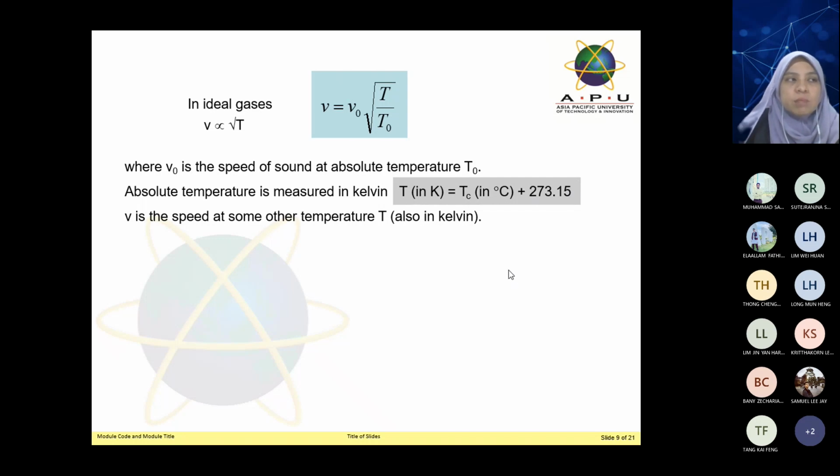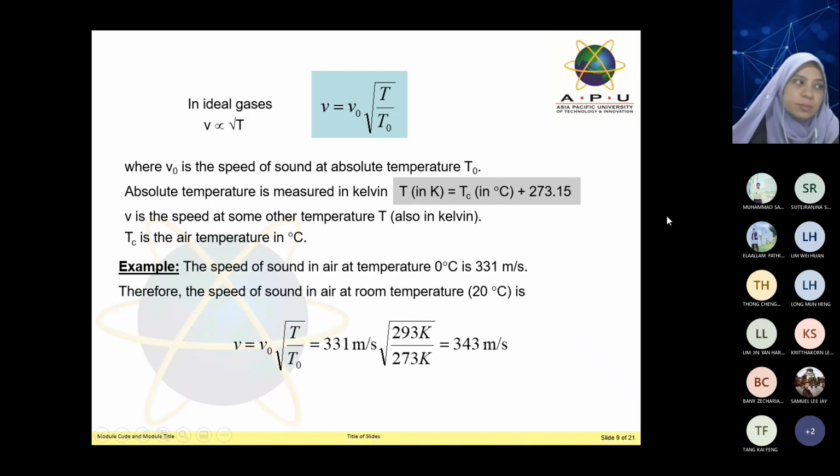In the last chapter also, we will be using this for the temperature and heat chapter. This is the second last topic, or second last chapter, for this subject. Okay, example.